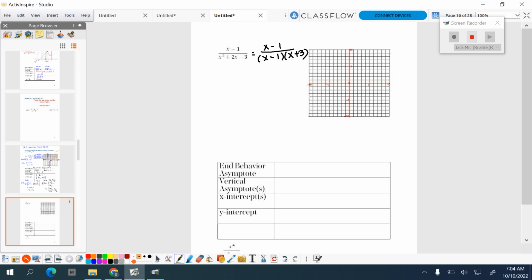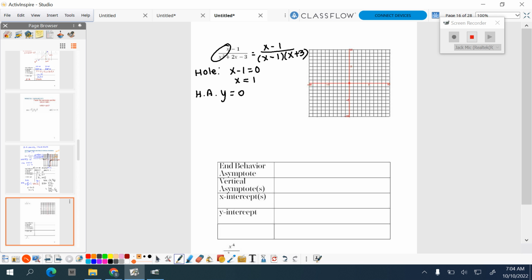Things that cancel are my holes, right? I'm going to have a hole at x minus 1 equals 0 or at x equals 1. So I'm going to figure out what that is after I get the remainder of what's left. But for now, horizontal asymptotes are going to be right there. Denominator is bigger, so it's just y equals 0.